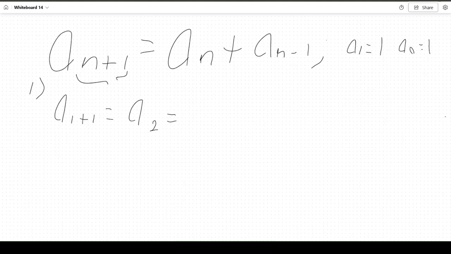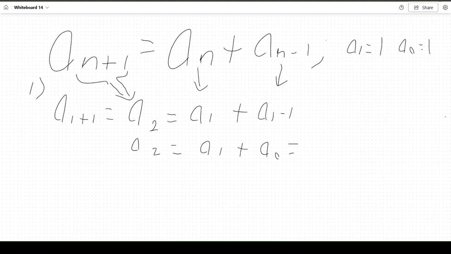So basically this is a1, this is a1 minus 1, and 1 minus 1 is a0. We have a1 and a0, so that fits perfectly into this problem. So a1 would be 1, and this would be 1. a2 equals 2. So we have that.